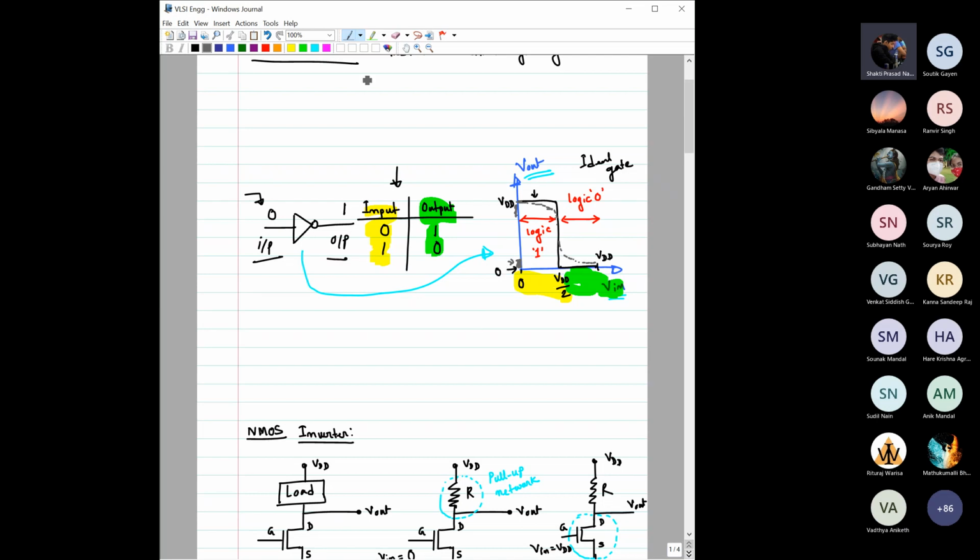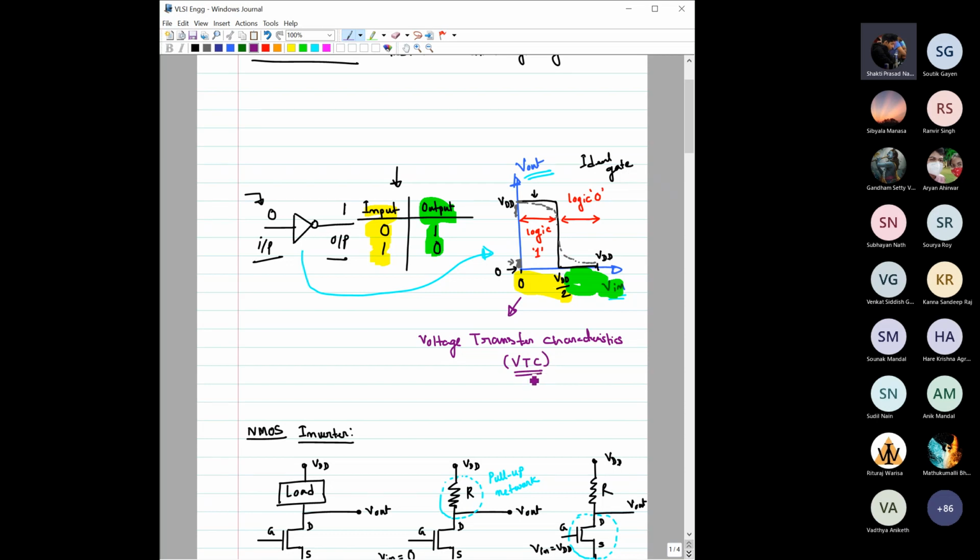Now, this particular plot that we have drawn here is the V output versus V input characteristics. This is called the voltage transfer characteristics, or in short, VTC.